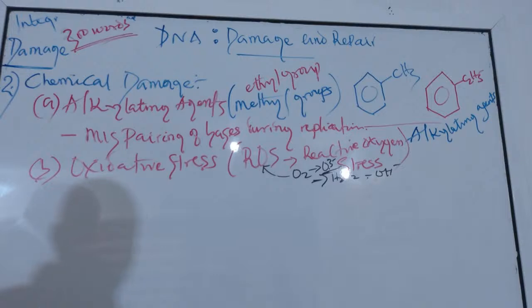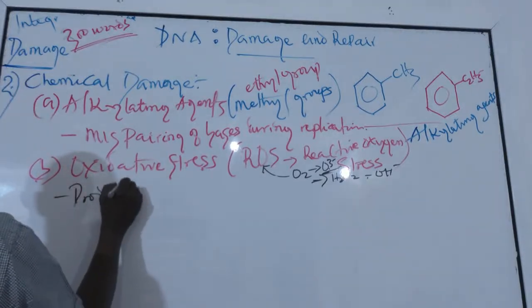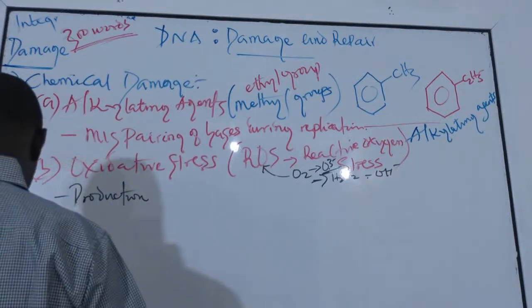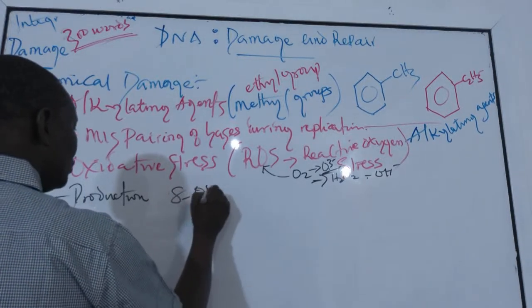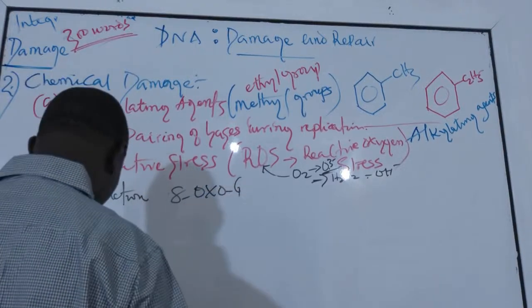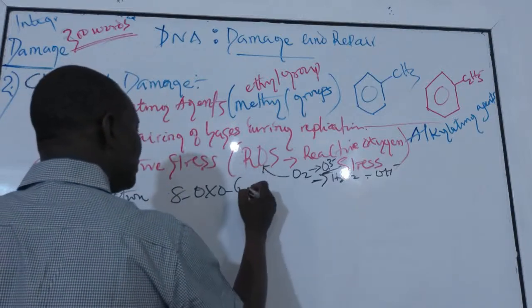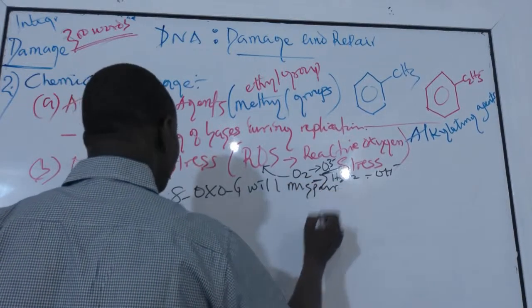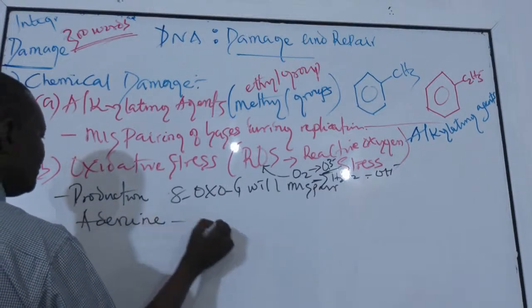Okay, and this one is also very similar. It's going to lead to production of 8-oxo-G. And what will oxo-G do? Oxo-G will eventually mispair with adenine.